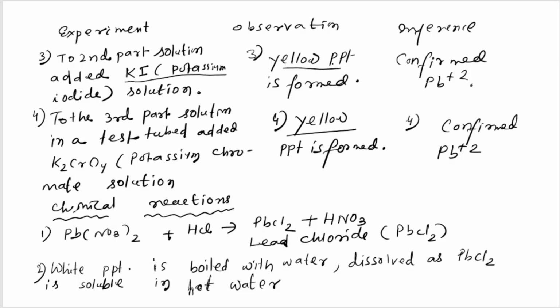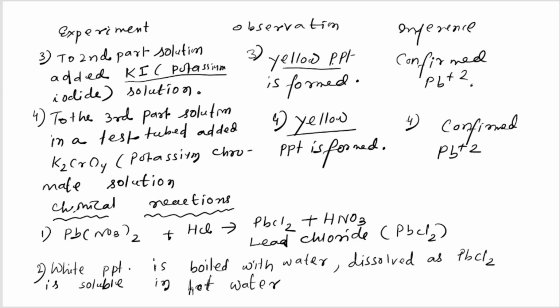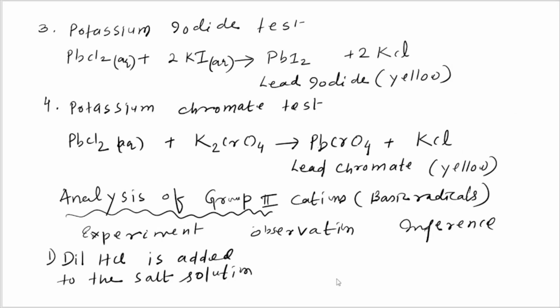What is that? Lead chromate. See here the chemical reactions: first hydrochloric acid is added, lead chloride is formed, a white precipitate; boil, I already told, PbCl2 forms. Now you will see the reactions of the first group. In the first group, one important reagent is potassium iodide, which gives a yellow precipitate, and the second one is potassium chromate, which gives lead chromate, a yellow precipitate.